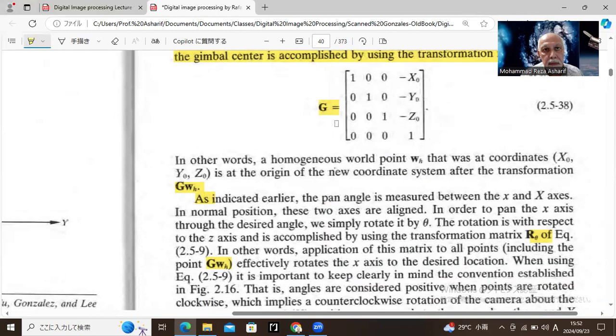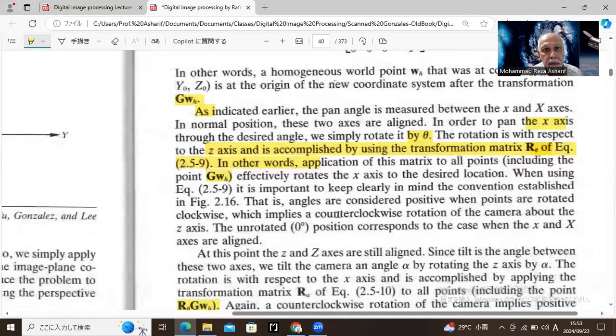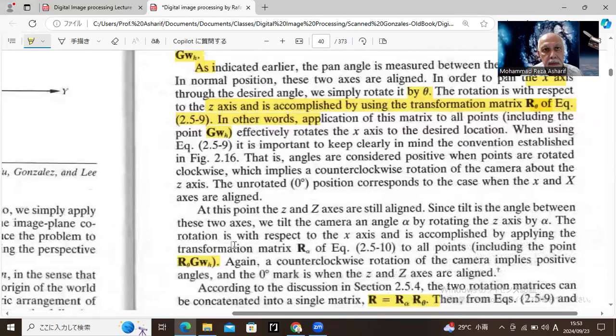So multiplying G and the homogeneous coordinate of the world WH, I told you what homogeneous is, we can translate this. Also, we have two other rotations, one about the z-axis by theta, which is R theta, and R alpha, which is the rotation by alpha.